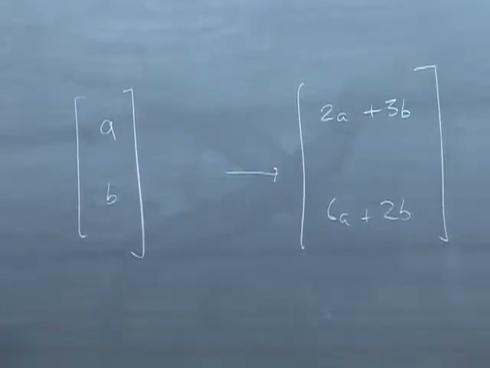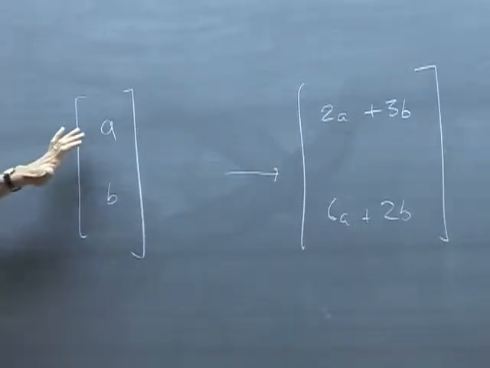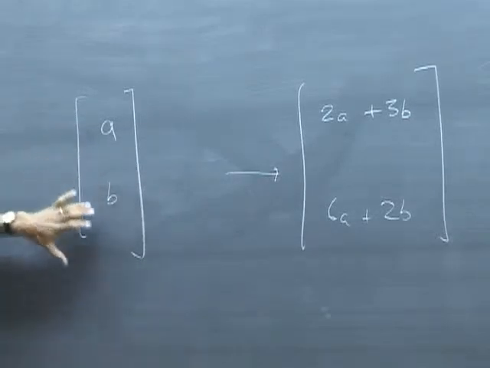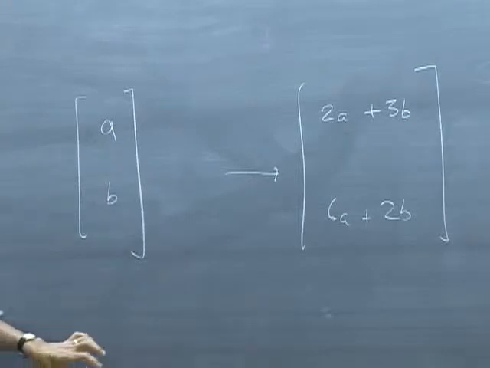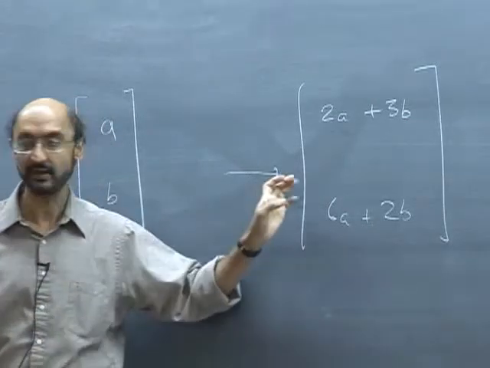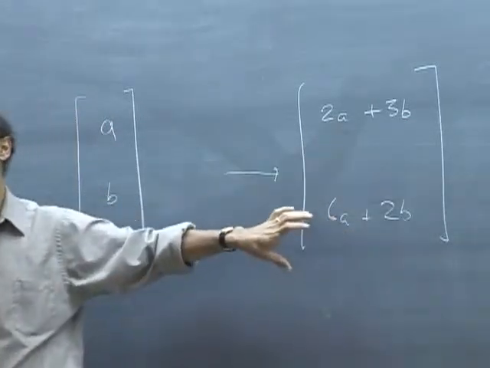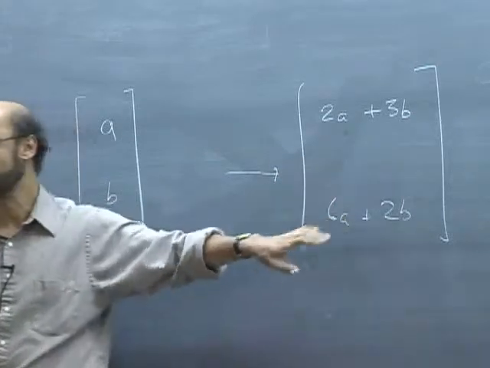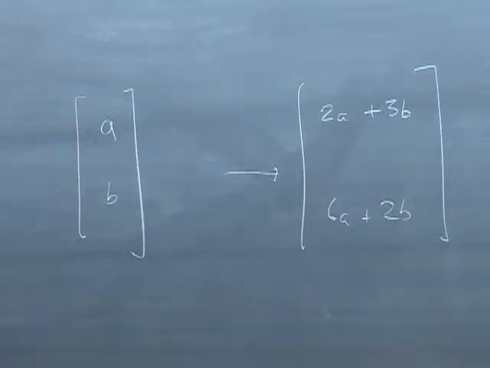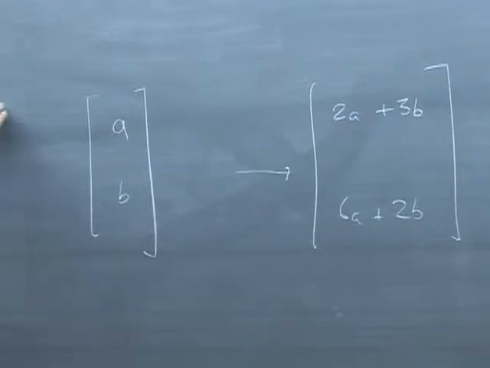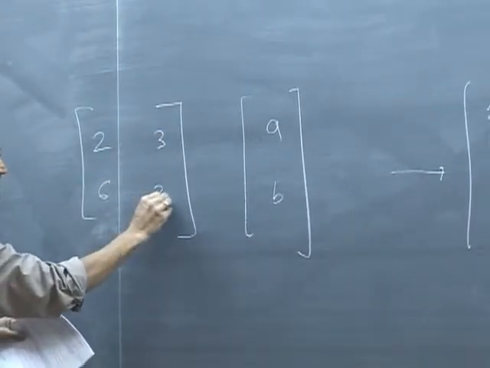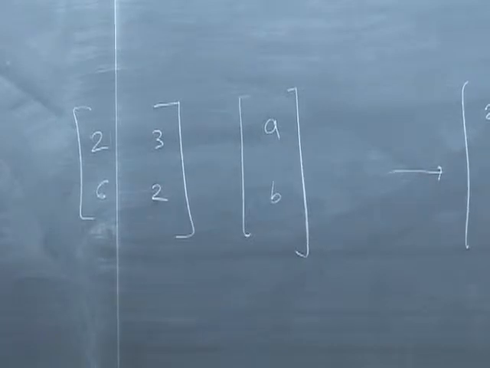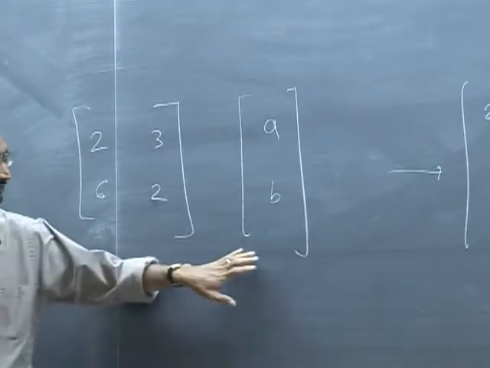So in some sense, what we're doing is taking a representation of the basis, which are the individual elements, and we're applying to it something which allows us to compute what these combinations are. It turns out that this is just a matrix. This matrix over here, 2, 3, 6, 2, is the trick, if you will, or the recipe that tells us how to go from here to here.